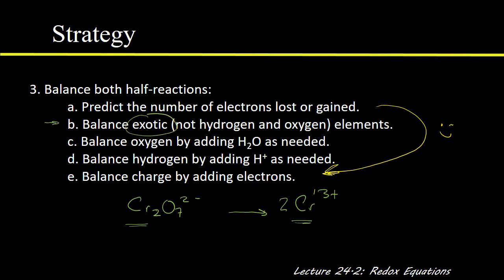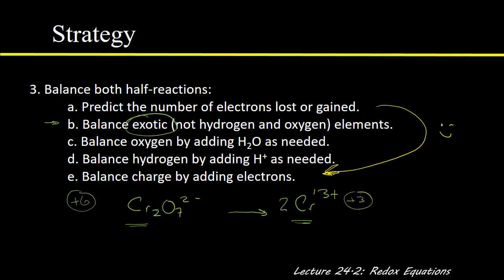Balance your exotic elements. Also, I'll make another note on this. If you're balancing this, and you do all of your oxidation numbers, you'll see that chromium in this case is going from +6 to +3.